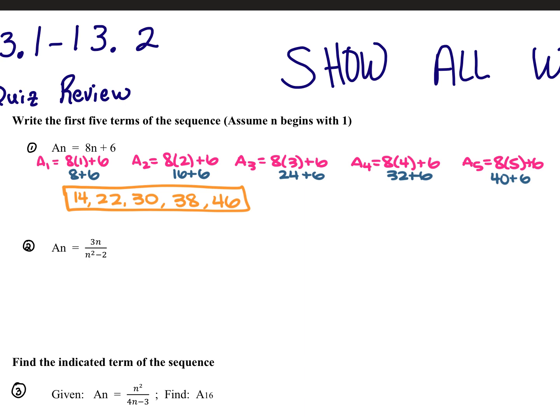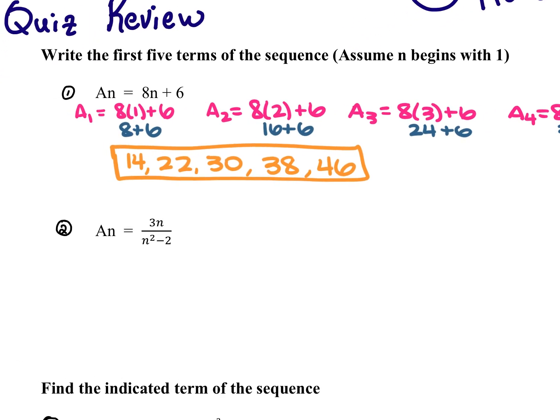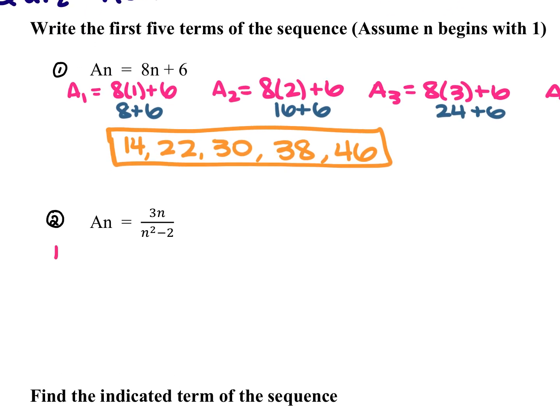For number 2, you're finding the first 5 terms in a sub n is equal to 3n over n squared minus 2. So the first one we're going to do is the first term. So that's going to give us 3 times 1 over 1 squared minus 2. That's going to simplify to be 3 over 1 minus 2, which is 3 over negative 1.